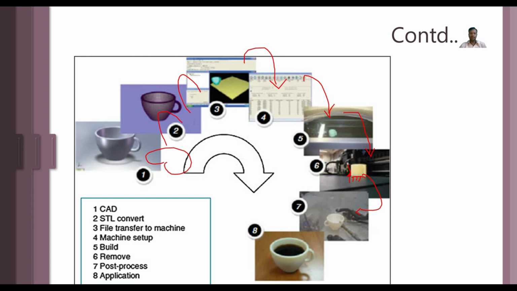So after post processing, we can see the final form of the object for the particular applications. So this is the general process chain of AM.